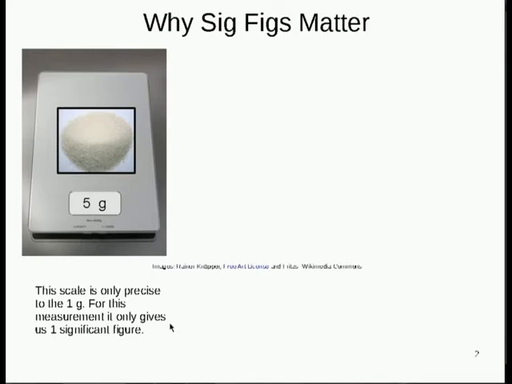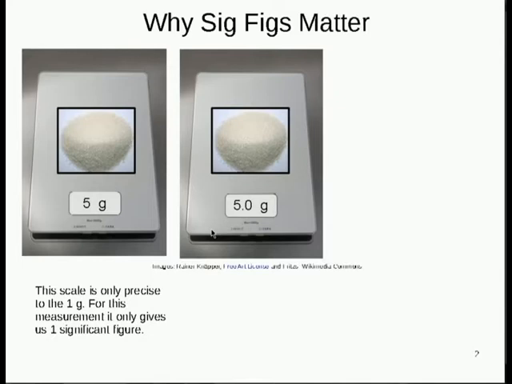But what if you decide this isn't good enough? Let's say you want a scale with more precision. So you look around the lab and you find this scale, and this scale is precise to the 10th of a gram. Again, you have exactly 5 grams of sugar, but this scale is giving you more precision.